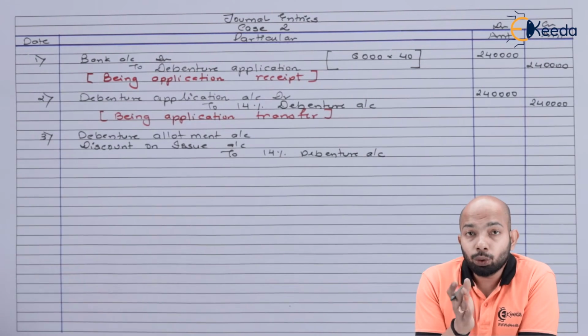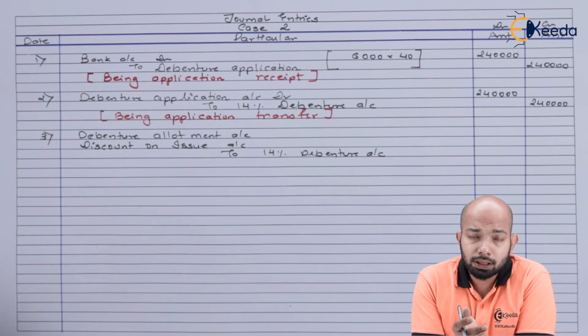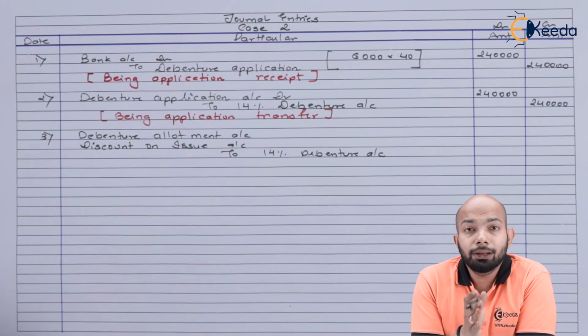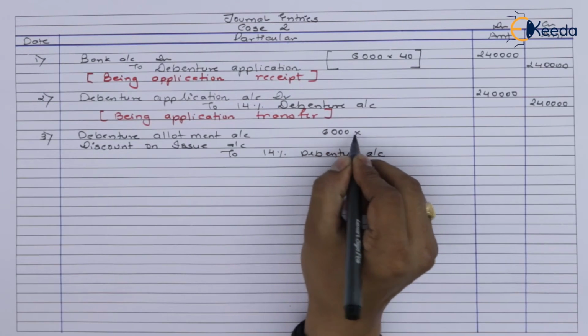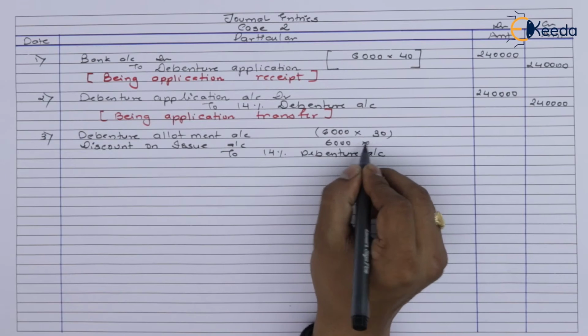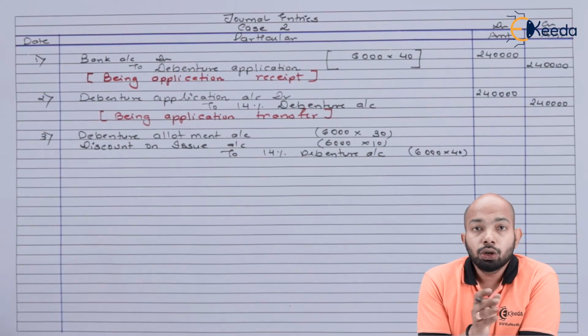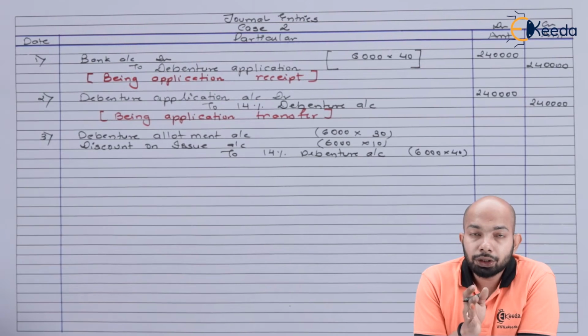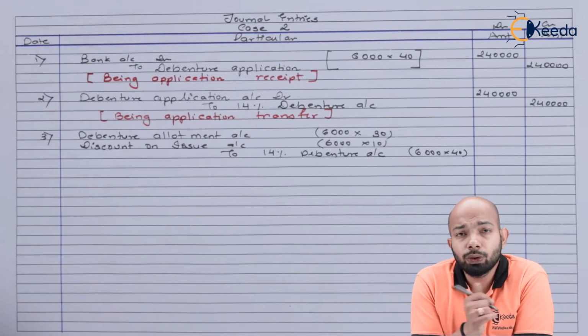Now on allotment, they are taking 30 rupees. That means the total value is 30 multiplied by the number of shares that we have. So total allotment money will refer to 40 rupees, out of which the capital is only 30 and 10 rupees is the discount. So we have mentioned that.